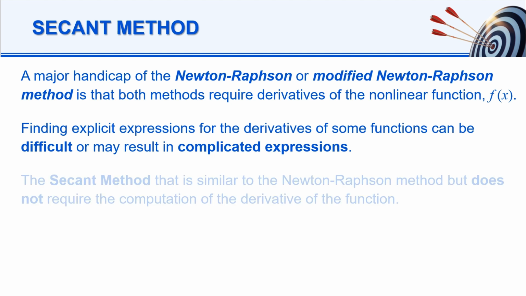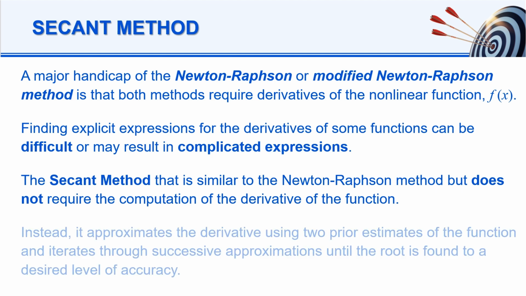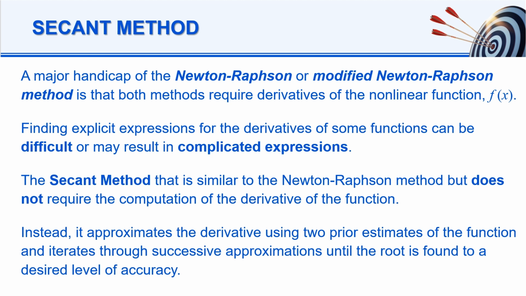The secant method is similar to the Newton-Raphson method but does not require the computation of the derivative of the function. Instead, it approximates the first derivative using two prior estimates of the function and iterates through successive approximations until the root is found to a desired level of accuracy.